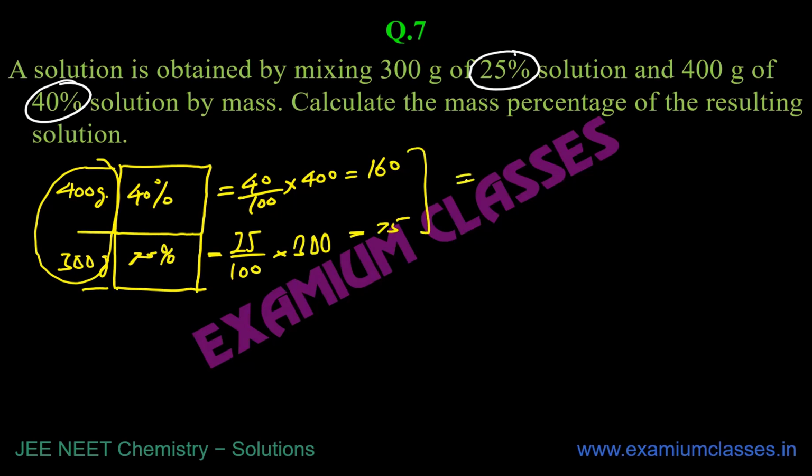So how much is the total? 160 plus 75. Solute I am talking about. It is 235. 40 plus 35 is 75. 160 plus 40 plus 35 is 235. Okay.